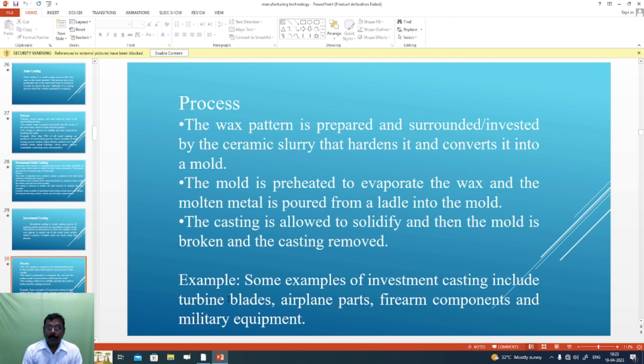The casting is allowed to solidify and then the mold is broken and the casting removed. Some examples of investment casting include turbine blades, aeroplane parts, firearm components, and military equipment, etc.